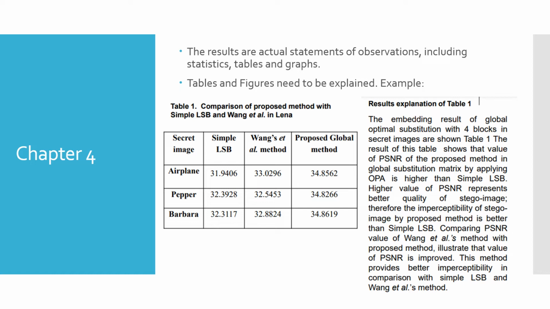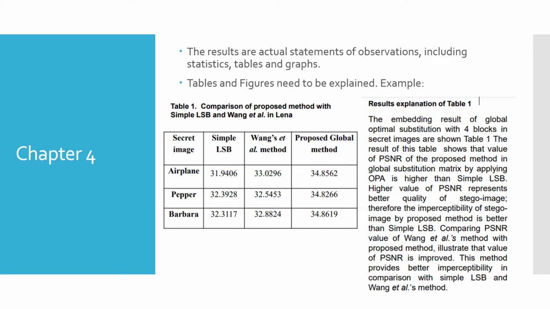This is the example of explanation for this result. It says here: the embedding result of global optimal substitution with 4 blocks in secret image is shown in table 1. The result of this table shows that the value of PSNR of the proposed method in global substitution matrix by applying OPA is higher than simple LSB.